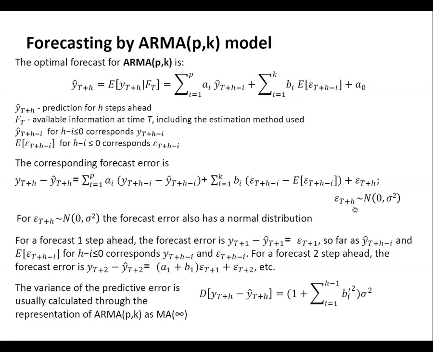So we should calculate the forecast step by step. Here it is shown that the error for ARMA one step ahead is just the error of the model. And the forecast error 2 steps ahead is already a1 plus b1 multiplied by the t plus 1 error, plus the t plus 2 error, and so on.